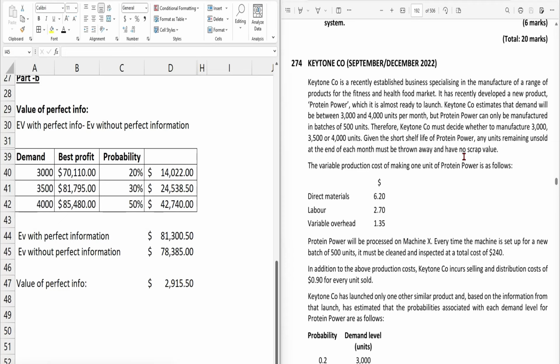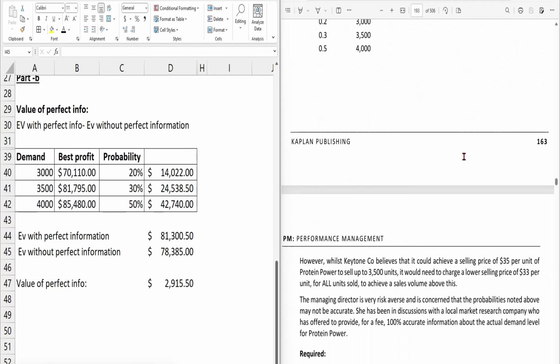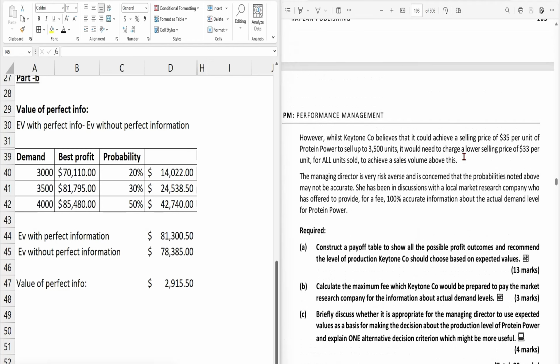If it had a value, we would need to calculate how many units are left unsold, and then calculate the scrap value for those unsold units. So it's very easy. The question has clearly mentioned that it has no scrap value, so we don't need to worry about that. Okay, so we are done with this part.